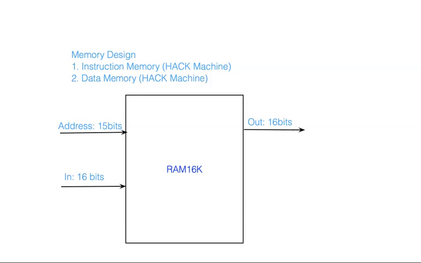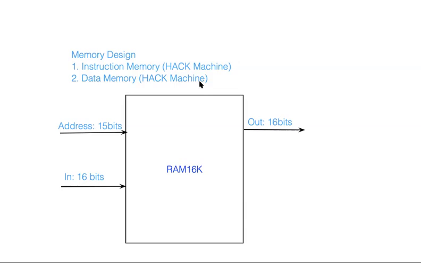But the thing is, our A instruction is always 16 bits and 15 bits are used for the address. So for our RAM, we only have 16K, but the address is still 15 bits. What the other part is, we will look at in the near future. I think this class can cover it.